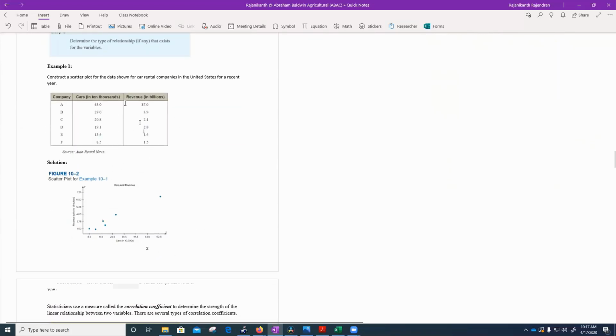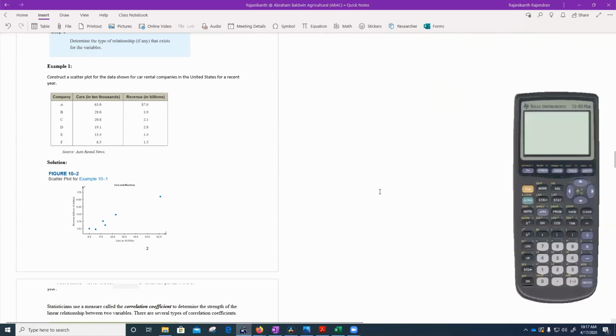Let me show you where my data values are. These are the data values. I'm going to start edit, clear, and enter all my x values: 63, 29, 20.8, 19.1, 13.4, and 8.5.